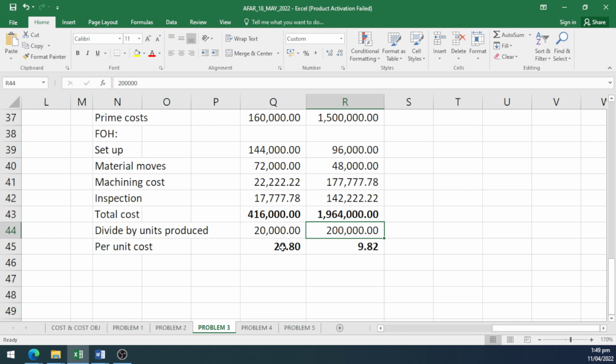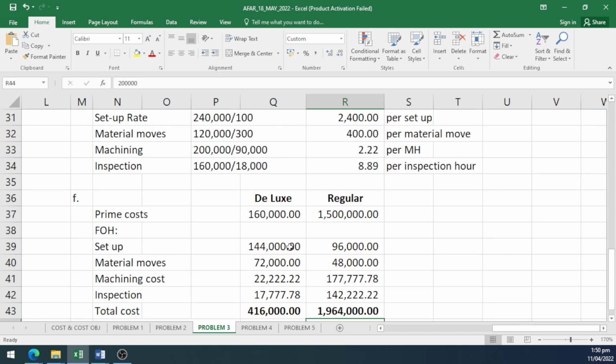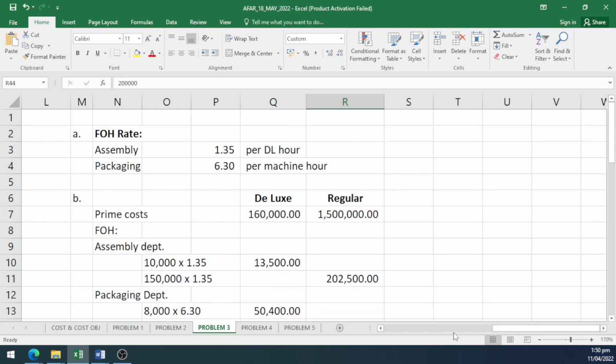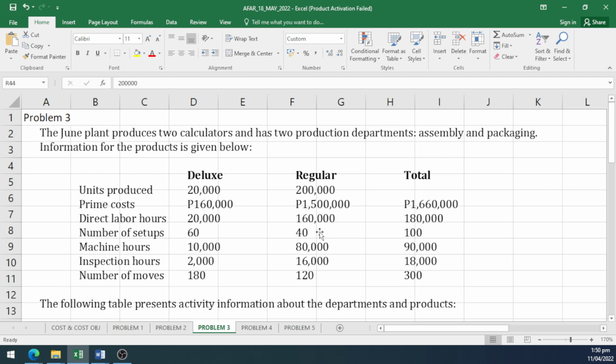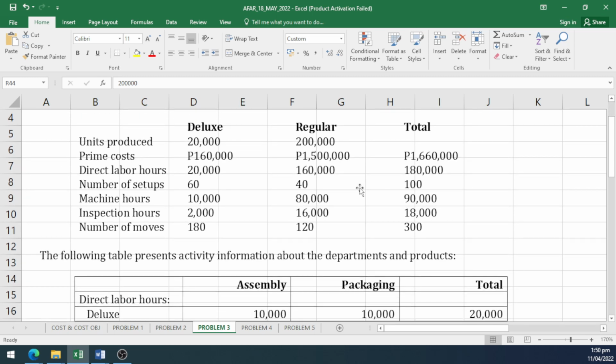Hindi mahirap ang ABC or activity-based costing class, ha? Marikititos nga lang kasi pag napakaraming activity, siyempre, marami tayong cost pool rate na kukomputin. Pag ayaw nyong i-compute yung cost pool rate, okay lang. I-allocate nyo directly using the consumption ratio. Halimbawa po, in the case of setup, ang consumption ratio ay ito. Tingnan nyo yung setup. Activity consumed ng product over the total activities. 60 over 100, that's 60%. 40 over 100, that's 40%.